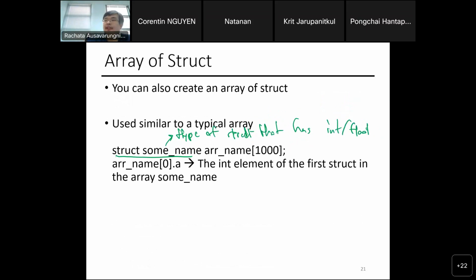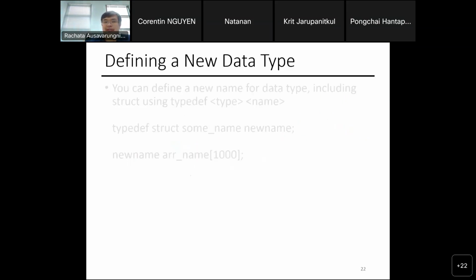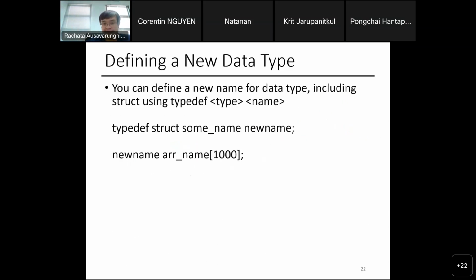This would go to the first element inside this array of structs. And you can then define a new data type using the command typedef. Let's say I don't want to always type things like struct somename when I want to create a new struct. I don't want to write something like this because I'm lazy.